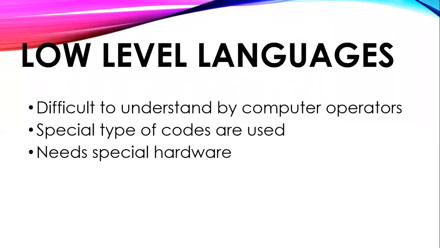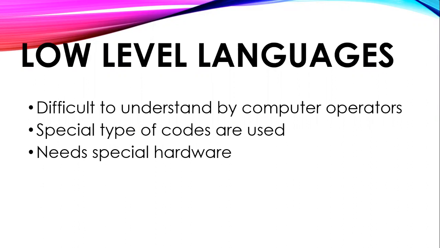Low-level languages are considered difficult to learn by a computer operator. Special types of codes are used and special hardware is needed. According to point number 3, it needs special hardware.